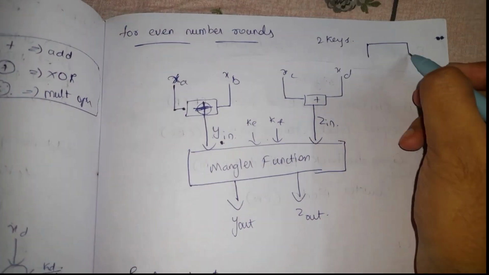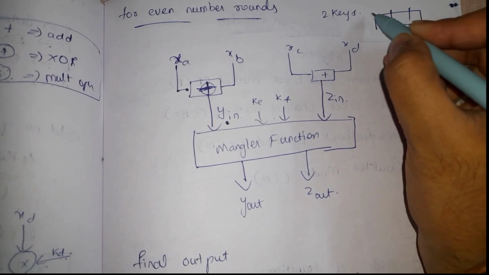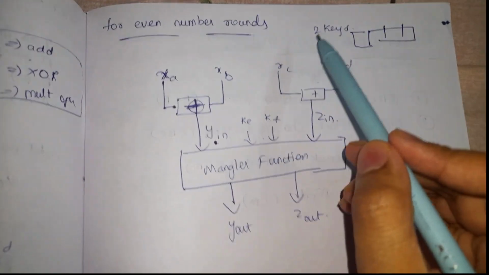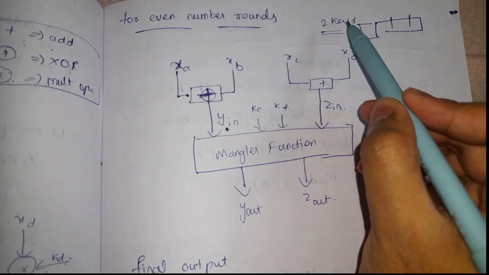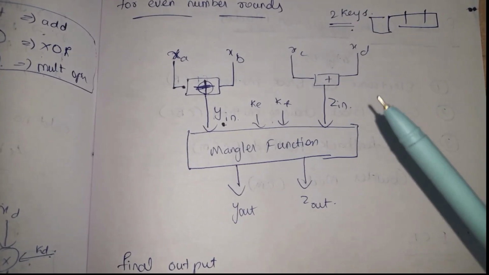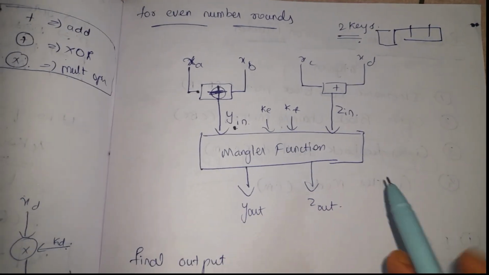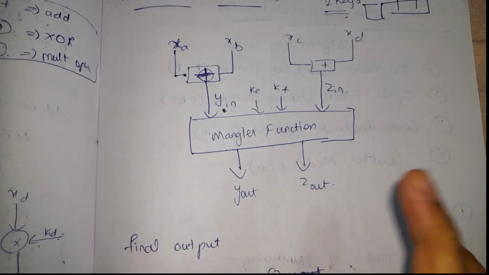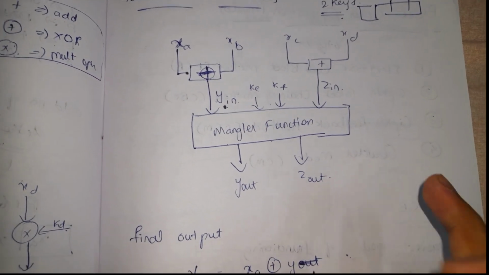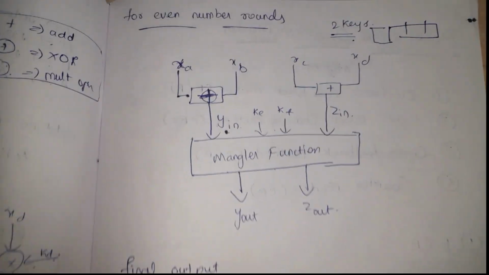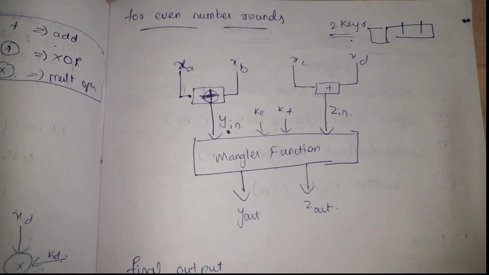As I said earlier, the plain text is divided into 4 different blocks. Now even numbered rounds make use of 2 keys. For even numbered rounds there is a function called the Mangler function, which helps in combining this plain text and performing operations with the help of 2 keys.